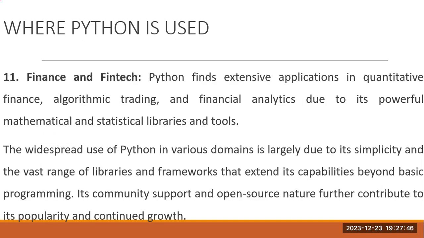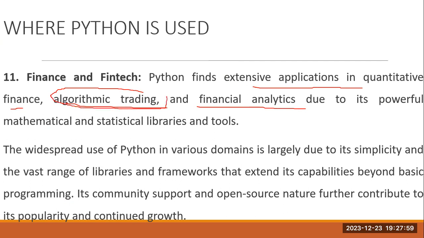Finance and fintech. Python finds extensive application in quantitative finance, algorithmic trading, and financial analytics. Algorithmic trading, you mostly use forex exchange. So there are many other applications that are being used, and those are developed in Python.